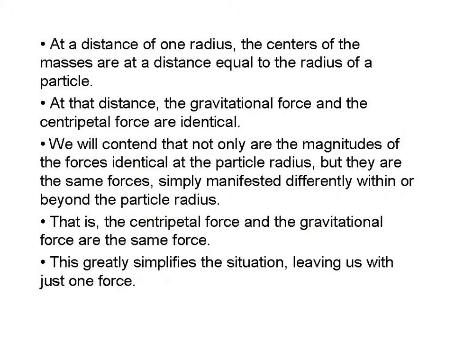We will contend that not only are the magnitudes of the forces identical at the particle radius, but they are the same forces, simply manifested differently within or beyond the particle radius. That is, the centripetal force and the gravitational force are the same force. This greatly simplifies the situation, leaving us with just one force.